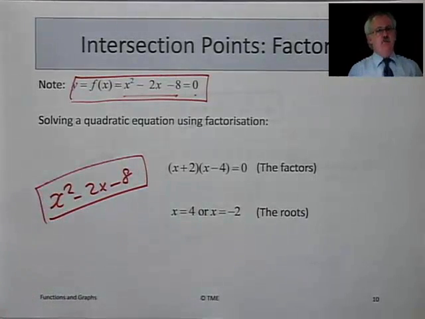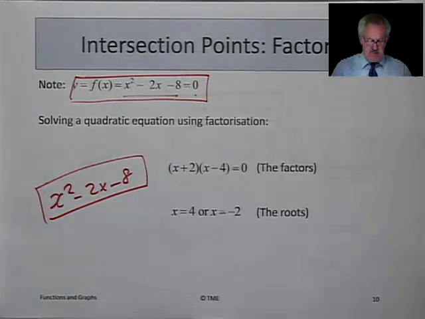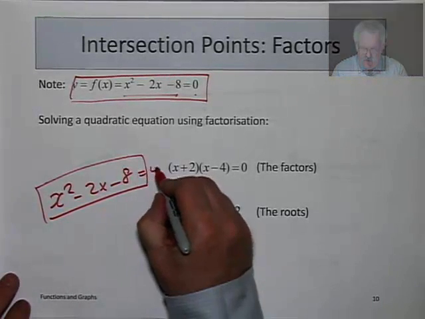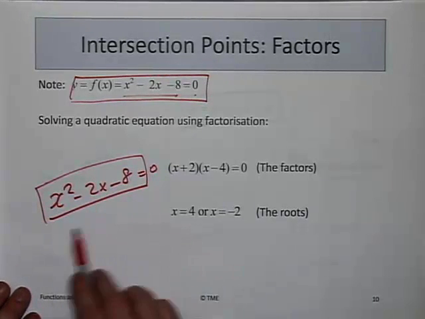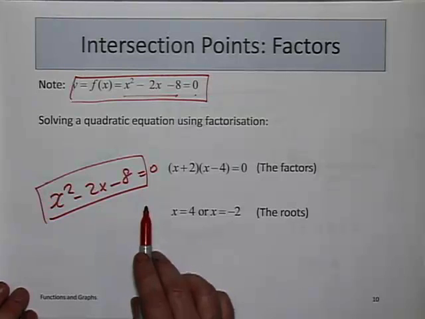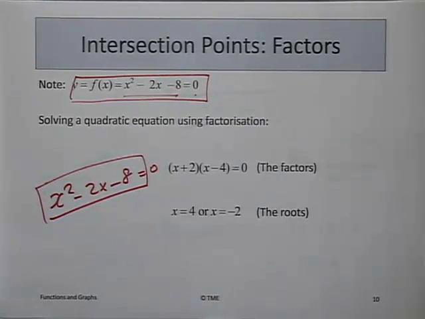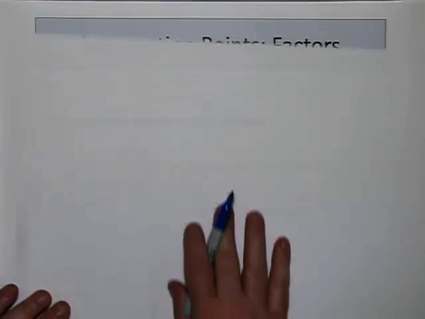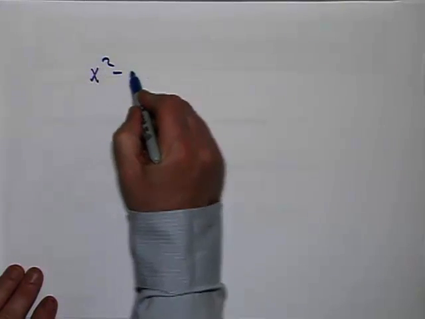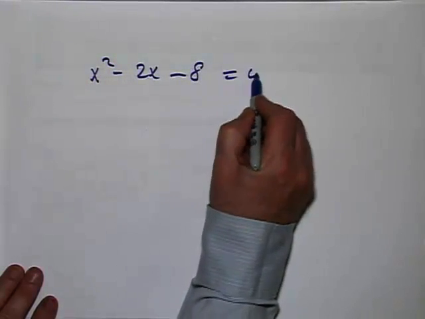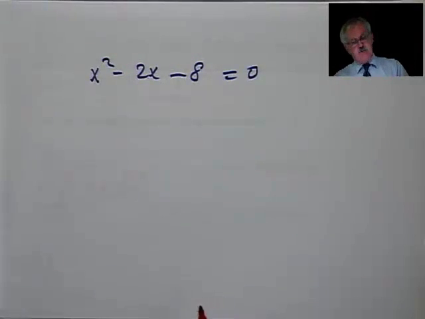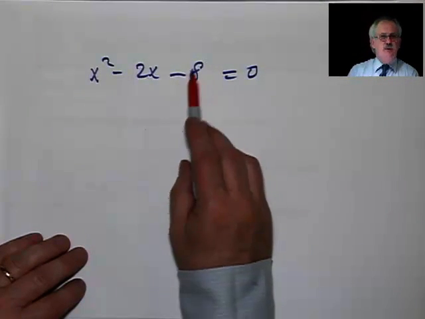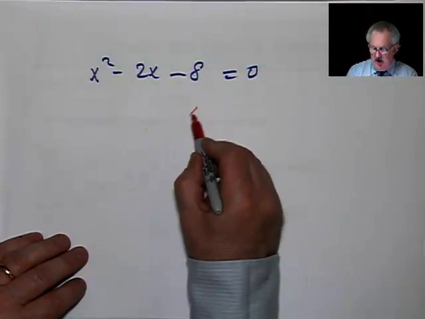Now, in algebra, we would address that through factors. So we're not really doing it through graphs, but we're going to do this through factors. And we say, how would this become 0? Well, we look to see how we get the components that add up to this: x squared minus 2x minus 8 is 0. What we would have done on the algebra side is ask what numbers multiply to give us 8, and we'd say 4 and 2.